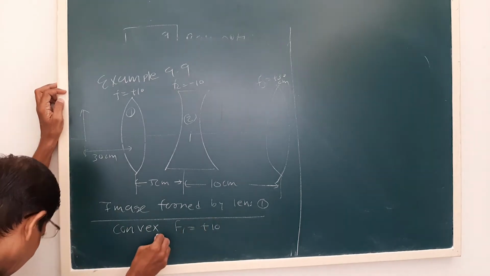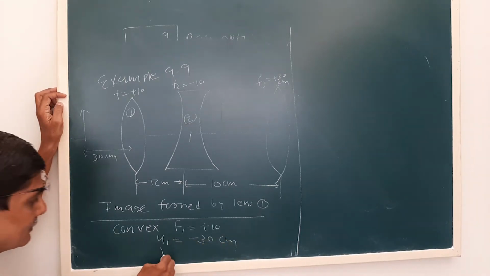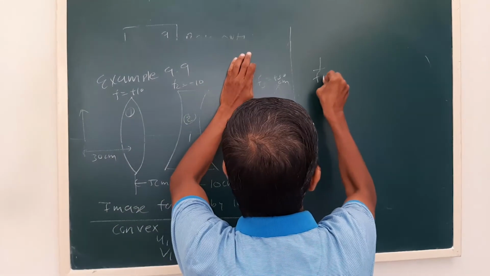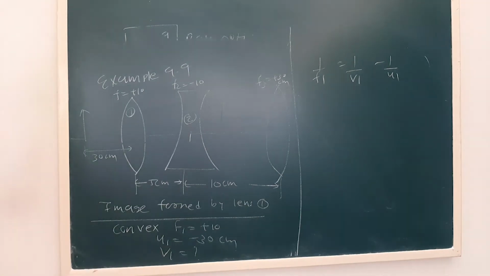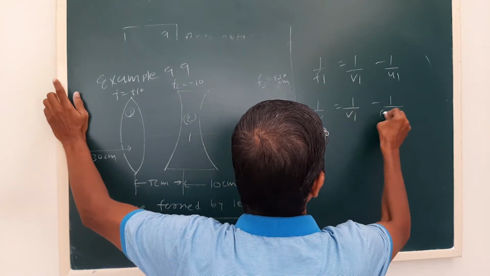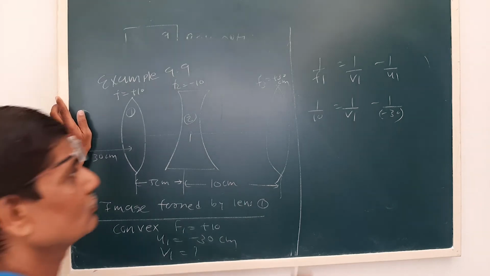See, the object is kept at 30 centimeter, u1 is minus 30 centimeter. See, v1 we have to calculate. Now see our equation, 1 by f1 is 1 upon v1 minus 1 upon u1. See, u we have to take negative, so 1 by 10.